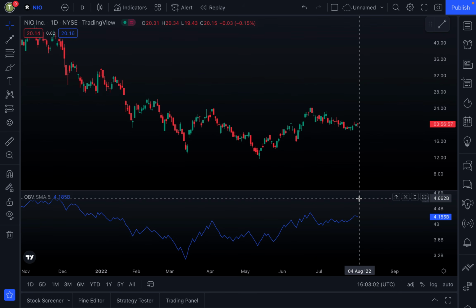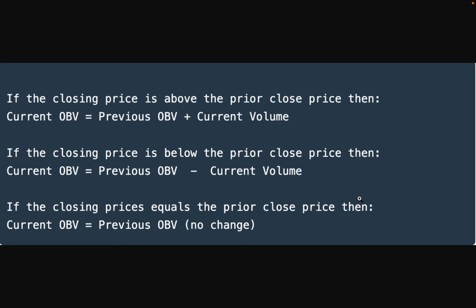So let's take a look here. If the closing price is above the prior close price, then the current OBV is going to equal the previous OBV plus the current volume. Okay, so there's one way that it's calculated.